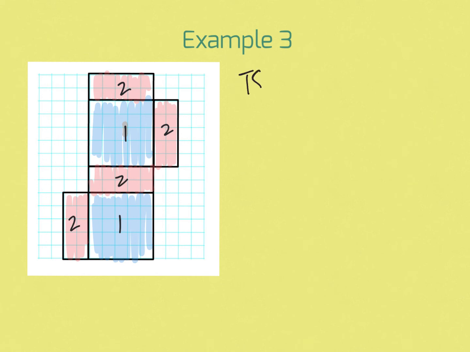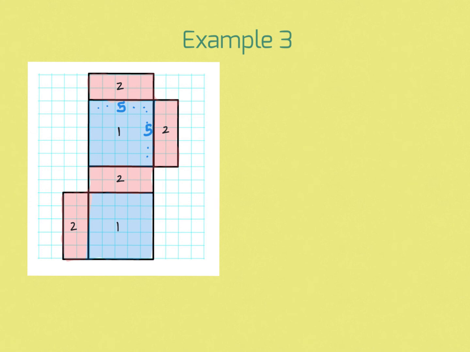So our total surface area would be 2 times base times height for the squares plus 4 times base times height of the rectangles. So first, we can count and see that there is 1, 2, 3, 4, 5 for the base of both the rectangle and the square, and 1, 2, 3, 4, 5 for the base of these other rectangles to prove that they're congruent.